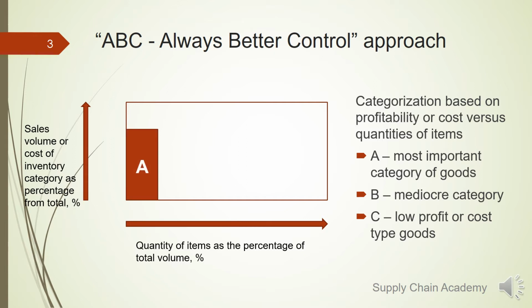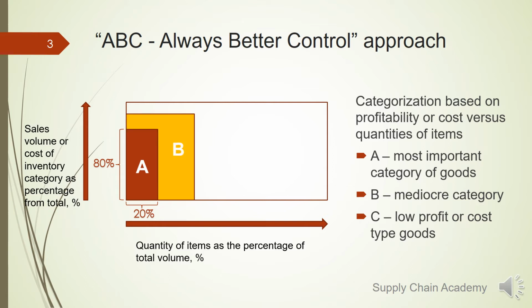So category A, this type of inventory category, makes up 80% of total cost of inventory or 80% of total profitability, while it's just 20% of total quantity. This principle is called the Pareto Principle, and it's a very popular and commonly observed type of approach.